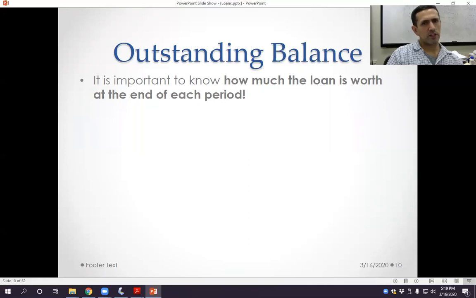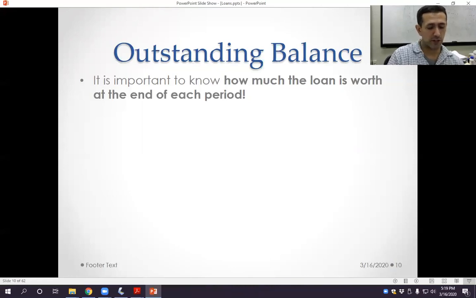So let's get a little deeper into loans. It's practically important to know at the end of each period how much the loan is worth. First of all, if you have extra money and you just want to pay off your loan, it's good to know how much you have to pay.